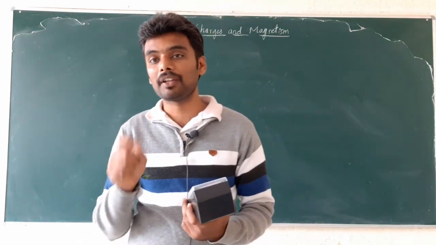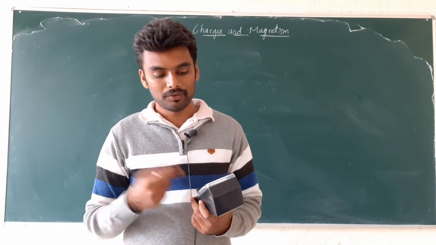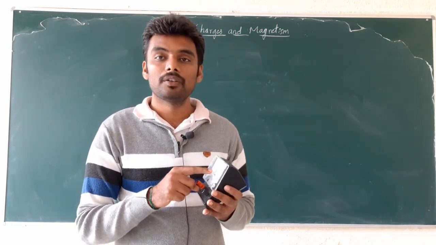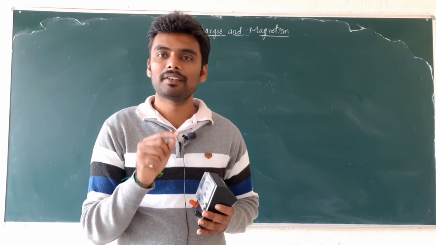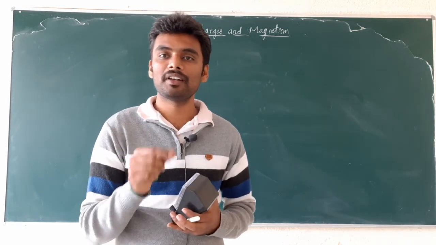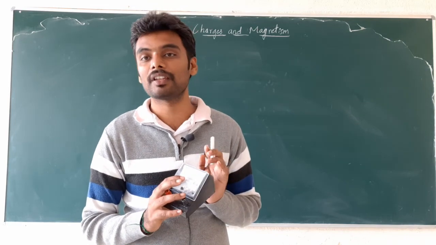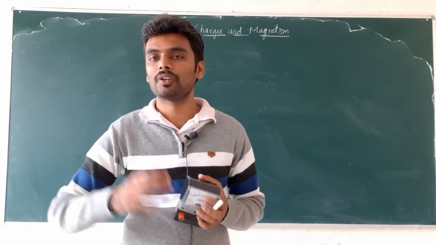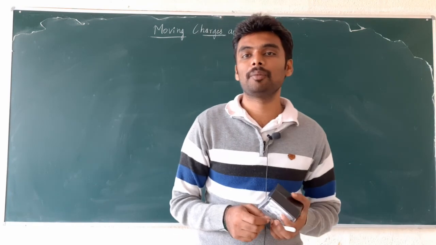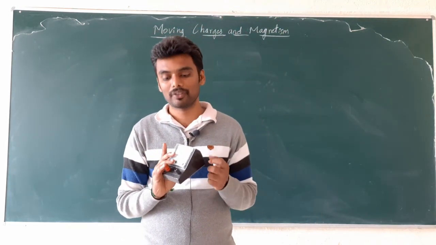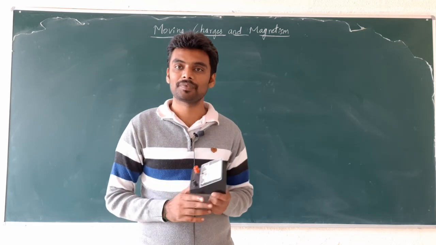So you can imagine it is 600 microampere, which is 0.6 milliampere of current that can be measured using this galvanometer, because the galvanometer is that sensitive.